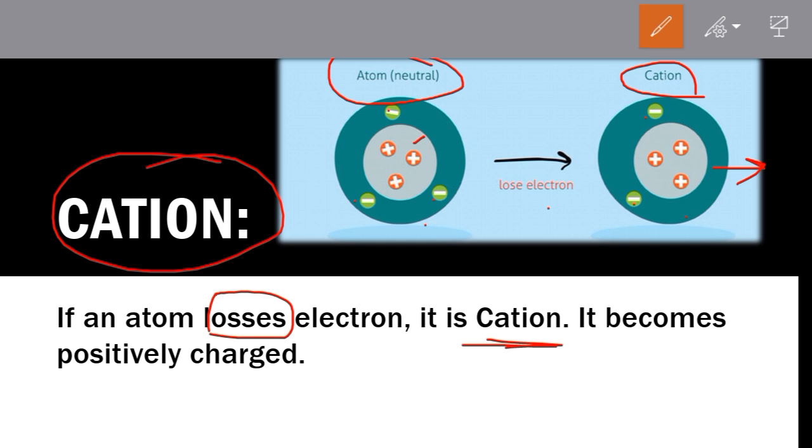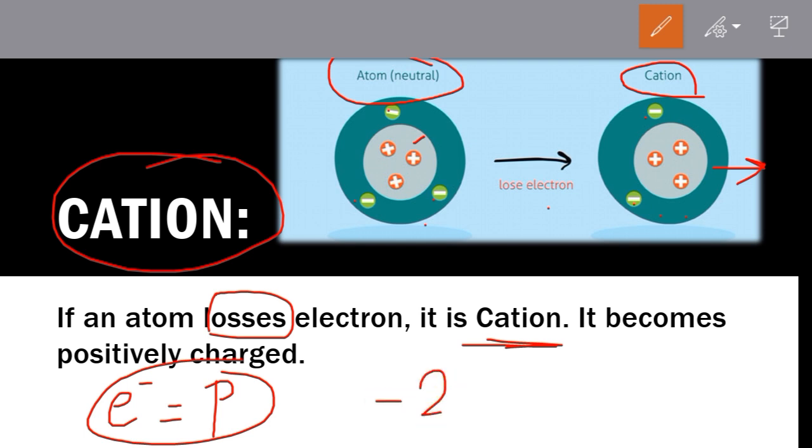Okay. So students, we know that in a neutral atom, the number of electrons and the number of protons are equal. But it has lost an electron. Means now in total we can see that this cation is having 2 electrons or 2 negative charges, but the positive charges are still the same, means 3 positive charges.